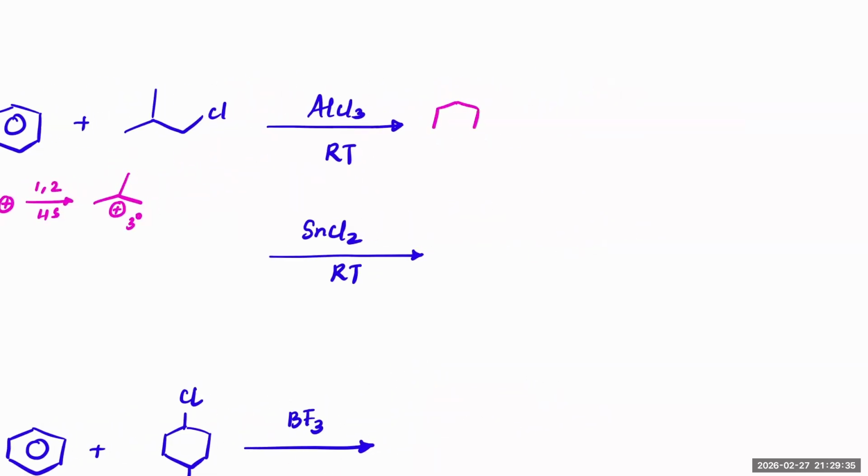Hence, while writing the major product, you know that this will be the major product here. This is major, and then benzene with this form is minor. Okay, this is the minor product.